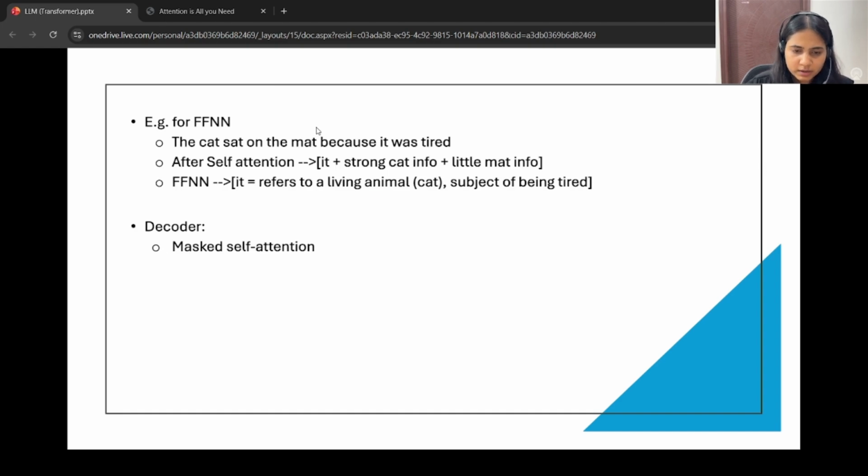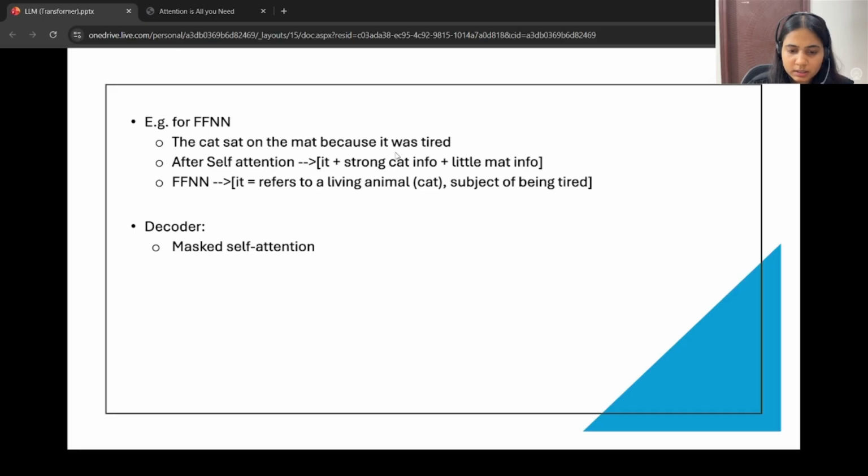So if we see here, as we already mentioned, for example, the cat sat on the mat because it was tired. After self attention, what is this "it"? Is it strong cat information or little mat information? So it did some probabilities and checked what is the feasibility for the "it".